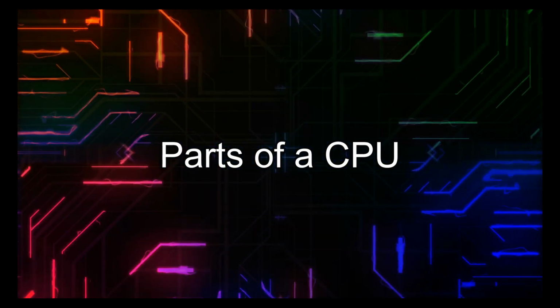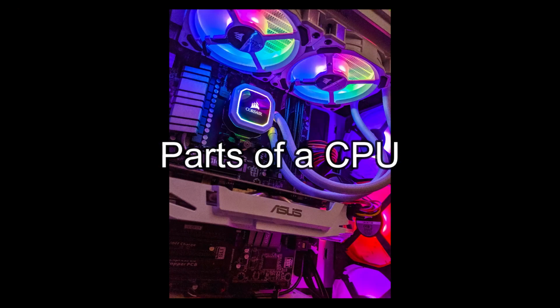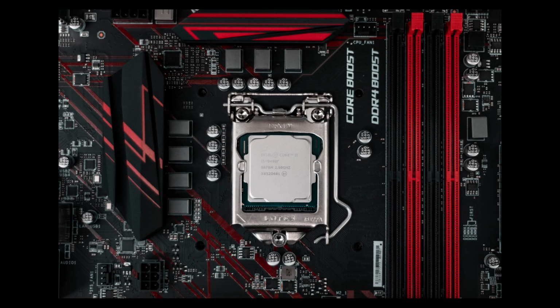Furthermore, the CPU includes a few levels of cache memory, which helps speed up the CPU and stores frequently used data and instructions. The clock speed is also a vital part of the CPU, which is measured in gigahertz and determines how quickly the processor can perform tasks.